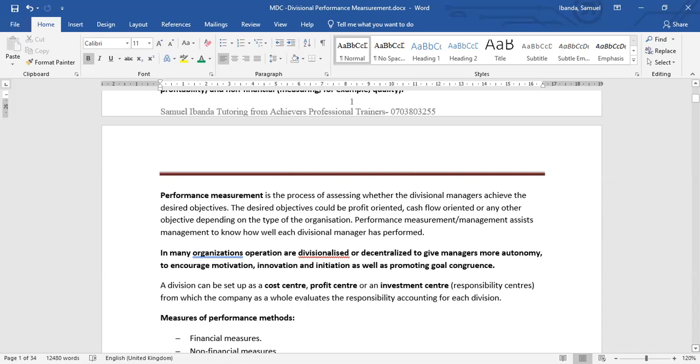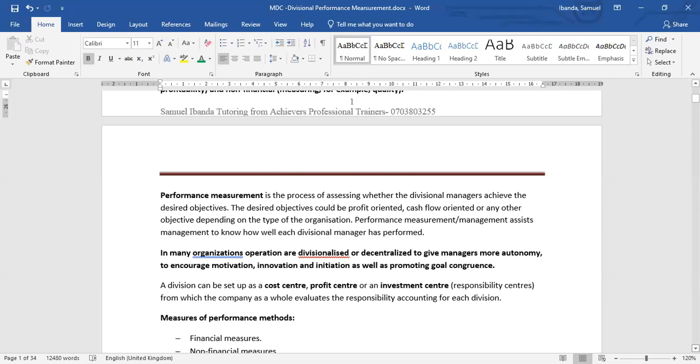Branches or divisions can either be cost centers, and by cost centers it means that in such divisions, we only look at costs, okay? It could be maybe a revenue center, where basically we evaluate that branch on revenue, okay?